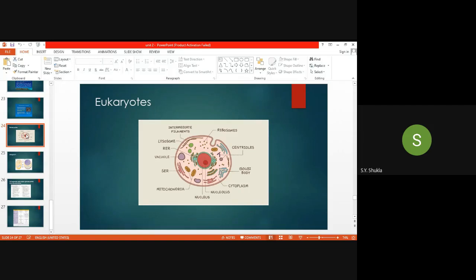And what are the different organelles present in the eukaryotes? They have a nucleus, which is a true nucleus. Then the cell organelles, which have a membrane on them. Maybe a single membrane is there, or some have a double membrane.